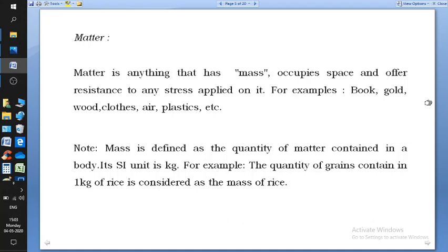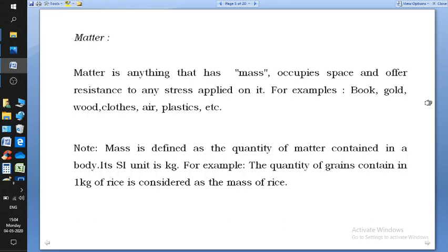So in any object we have this quantity. Like in our body also we've got bones, flesh, blood, everything. All this quantity makes up the mass of our body. And then we come across the term offer resistance to any stress applied on it. Offering resistance to any stress applied on it means that whenever we try to press any matter, it will always try to oppose that.